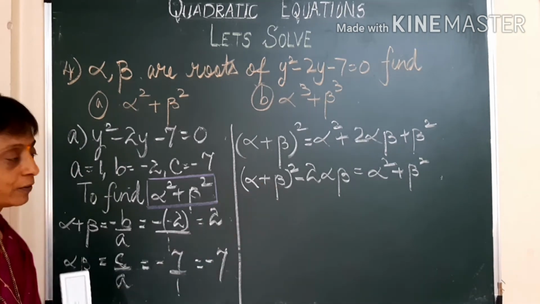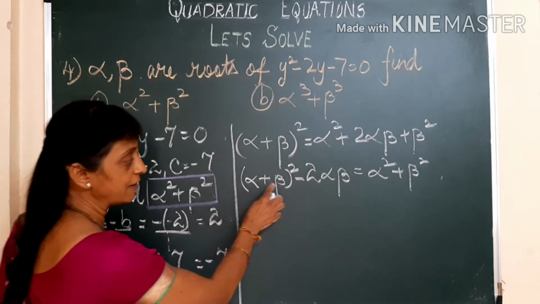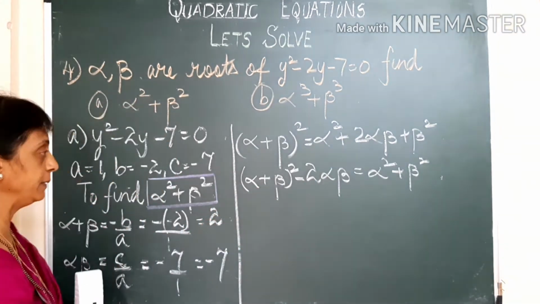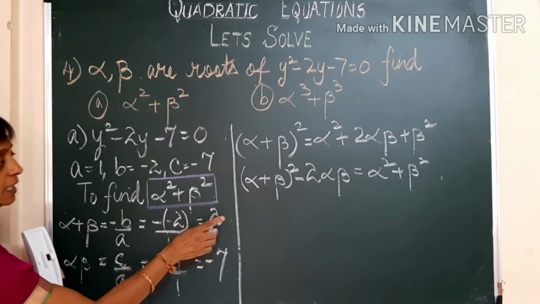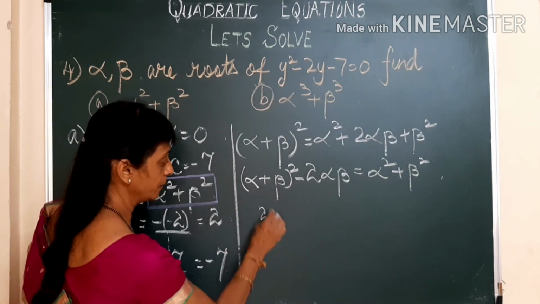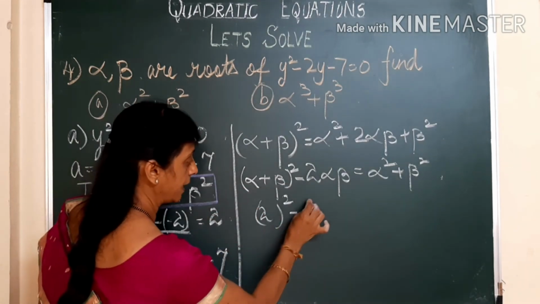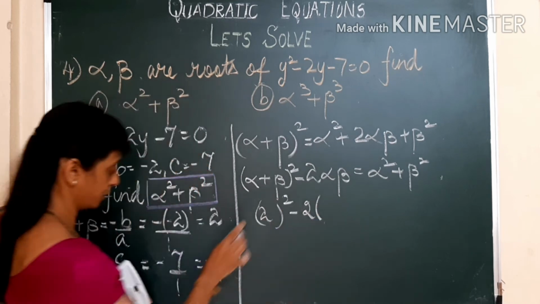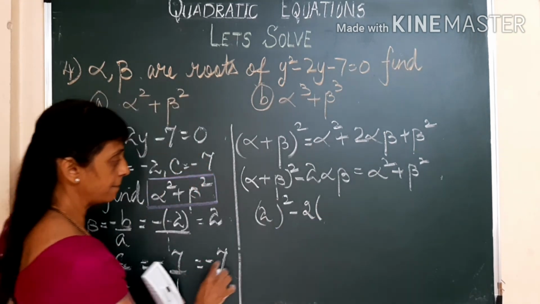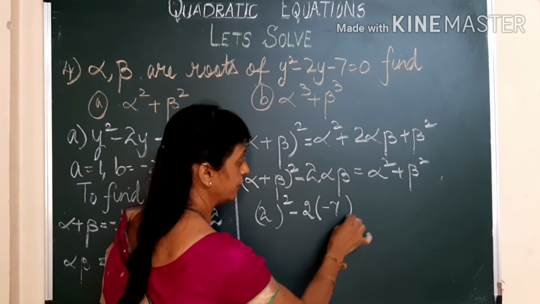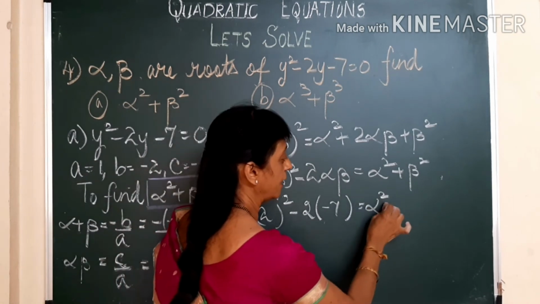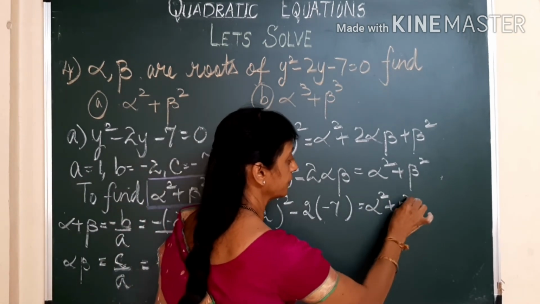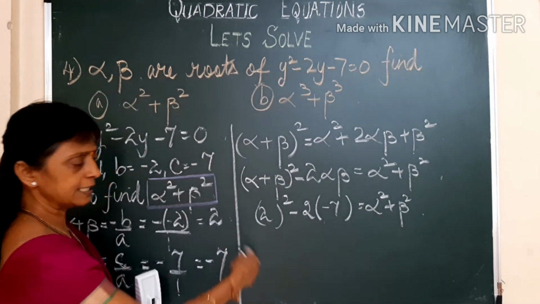Substituting the values of which terms? Alpha plus beta and alpha beta. So what is alpha plus beta? 2. So you get 2 squared minus 2 into alpha beta is minus 7, which will be equal to alpha squared plus beta squared. Let's solve children.